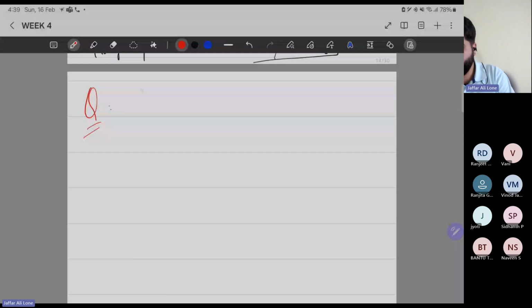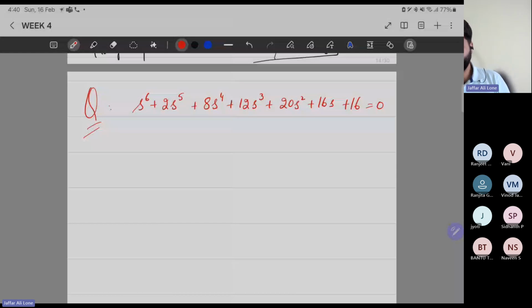Tell me which row is the row of zeros. I'm telling you there will be a row of zeros. Which row is the row of zeros, and then whether the system is unstable, marginally stable or stable.